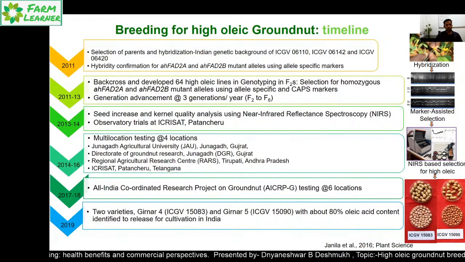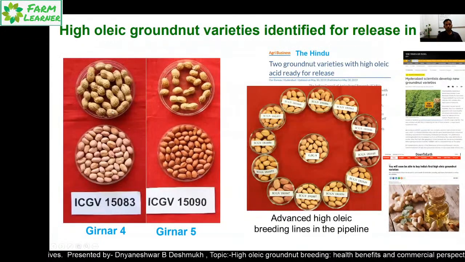Both varieties have 80% oleic acid content, and these two varieties were identified for cultivation in India. The study was published in Plant Science by Dr. Janila et al. 2016. This is how the high oleic peanut looks. This is Girnar 4 and Girnar 5, and this was the coverage by The Hindu, Times of India, and Down to Earth.